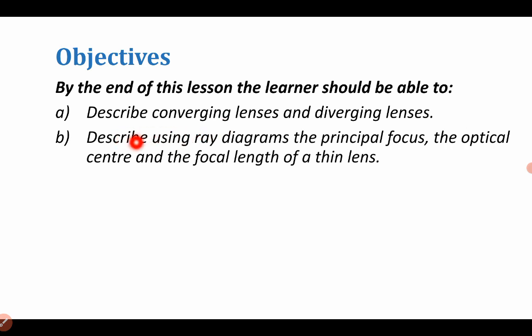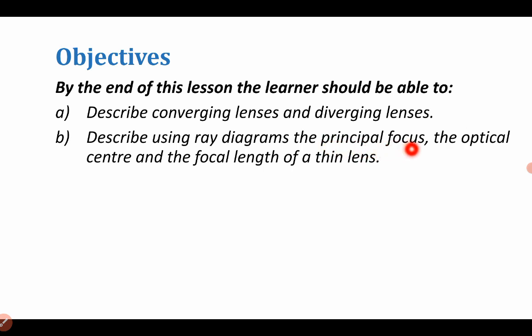You should also be able to describe, using ray diagrams, the terms such as principal focus, the optical center, and the focal length of a thin lens. These terms are going to come out clear as we go.